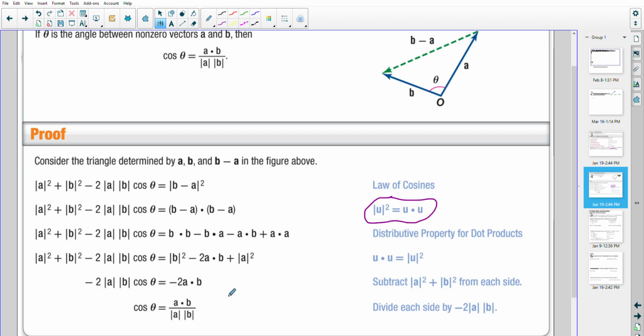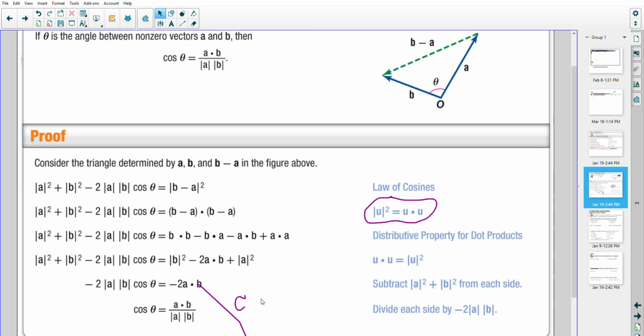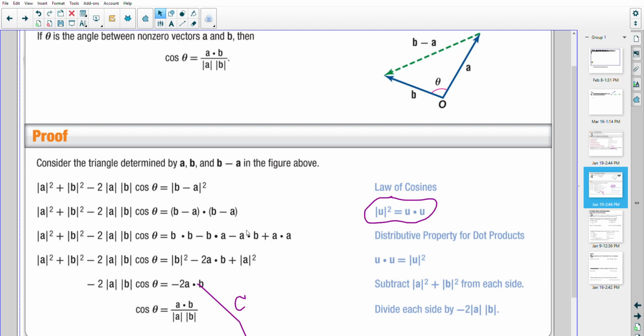Now, one thing that you may remember is the cosine of 90 degrees. The cosine of 90 degrees is equal to 0, and you can see that by this graph. This is the cosine graph. This is 90 degrees. That's where it's equal to 0.